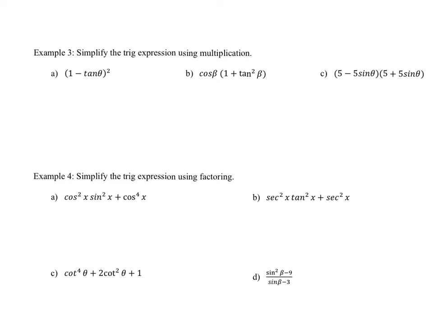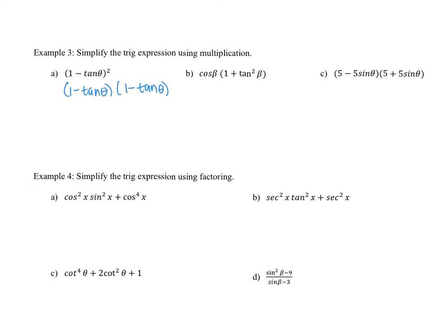Okay, don't do that. Instead, what you need to do is understand that if something is being squared, or if there's an exponent of 2, that means it's multiplying itself twice. So what I would recommend is that you write the factor out twice and then multiply it together. In other words, let's FOIL.